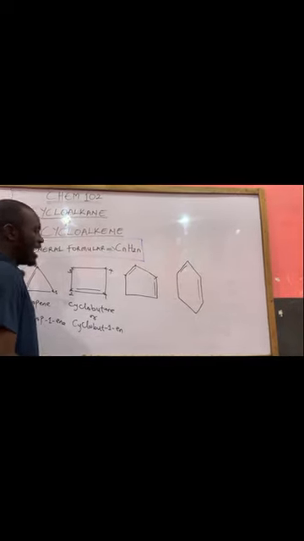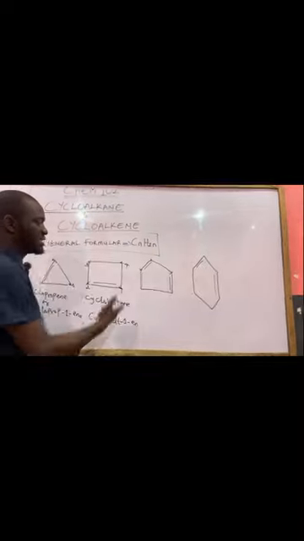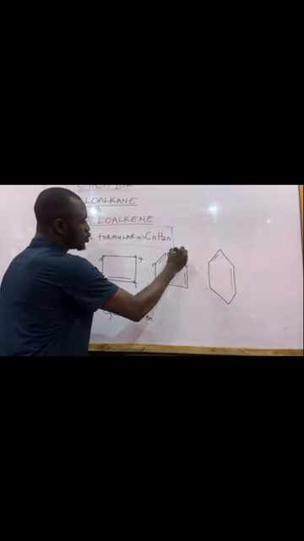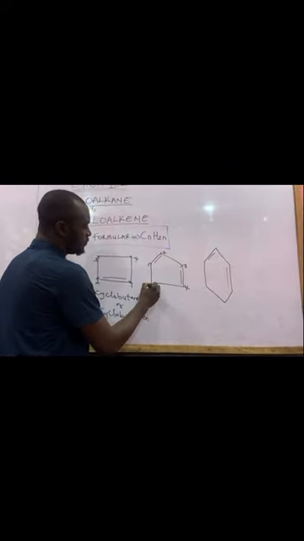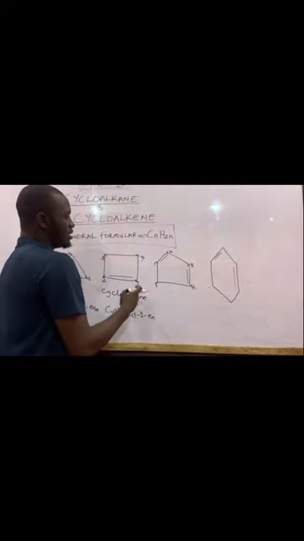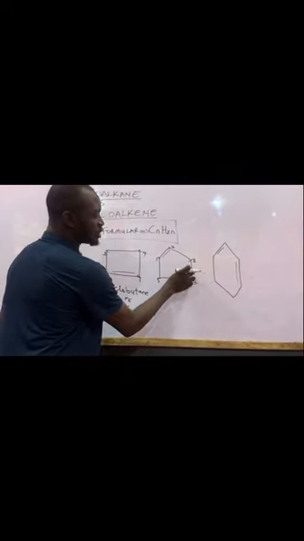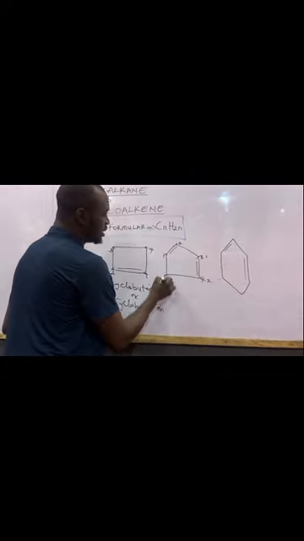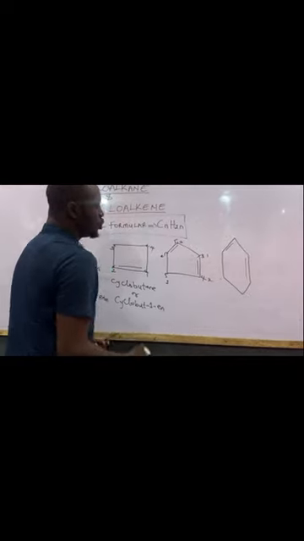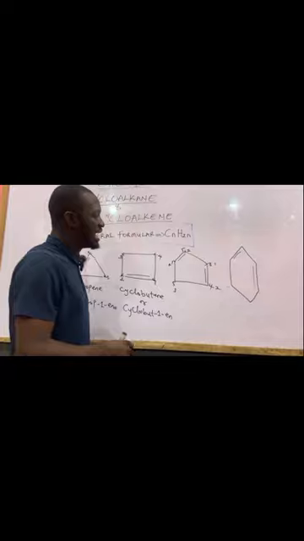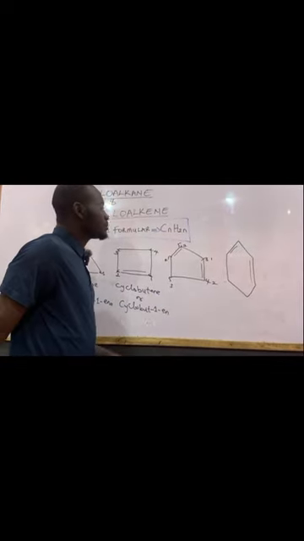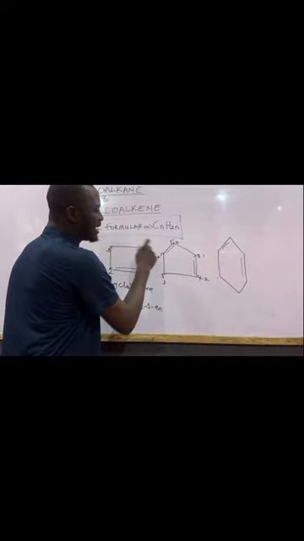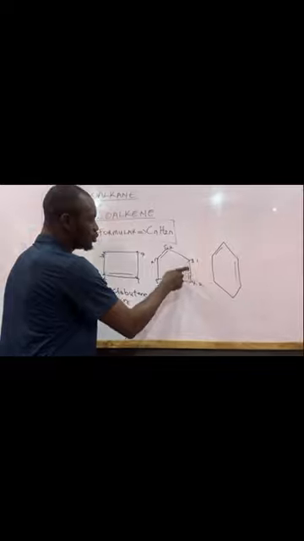Now let's check when you have two double bonds. How do we do our numbering? If we start here, you are having 1, 2, 3, 4, 5. Now, let's check if you start from this other side of the double bond. You'll be having 1, 2, 3, 4, 5. You will find out that if you start from here, this double bond will carry the highest number, while this will carry the lowest.